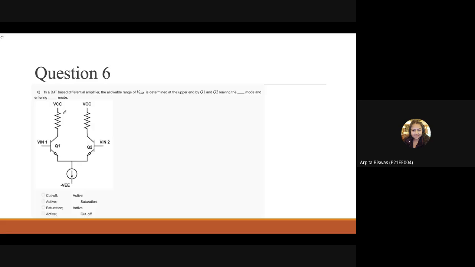Next, this is question number 6. In a BJT based differential amplifier, the allowable range of VCM is determined at the upper end by Q1 and Q2 leaving dash mode and entering dash mode. The options are cutoff active, active saturation, saturation active, or active cutoff.